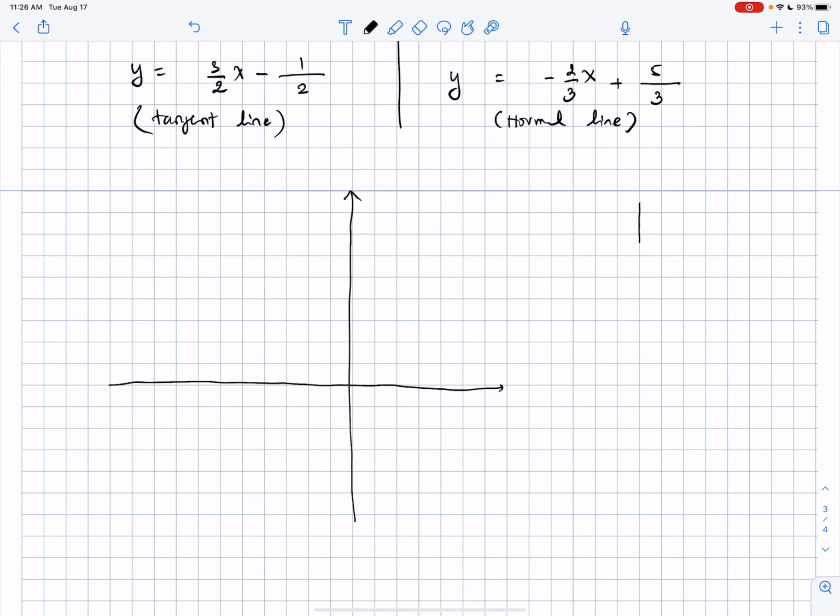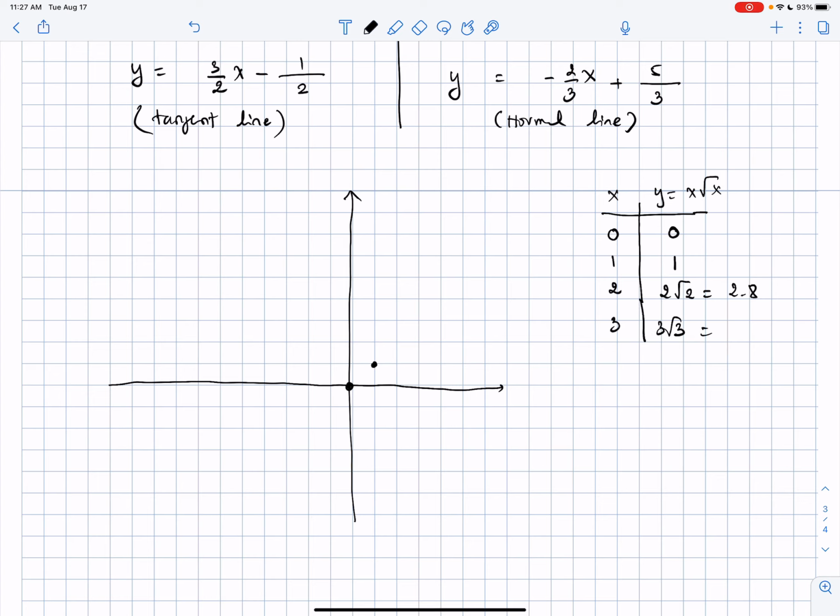So I will make the table for this. So x and then y equals x square root of x. If I make x equal to 0, I got y is 0. If I make x equal to 1, the y is 1. If x equals 2, then we got 2 square root of 2. So 2 times 1.4 is 2.8. And then 3, so we have 3 square root of 3.